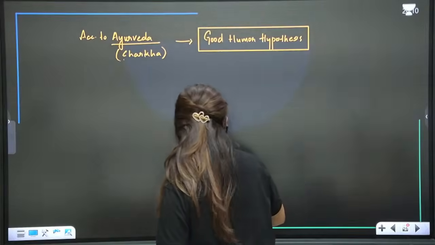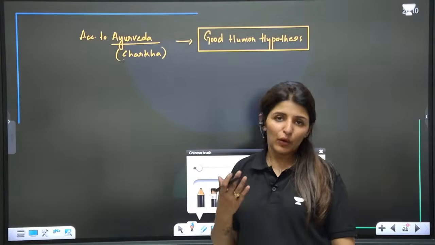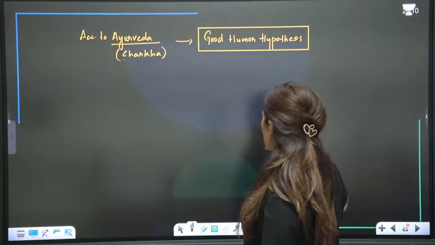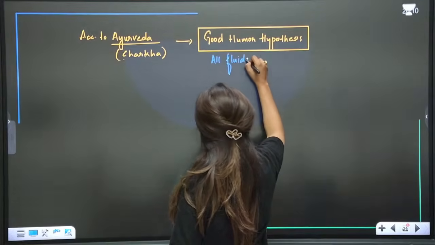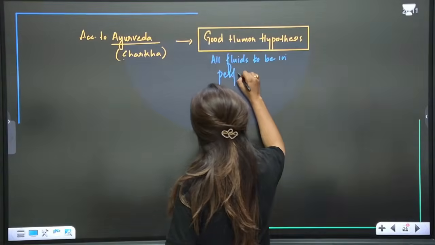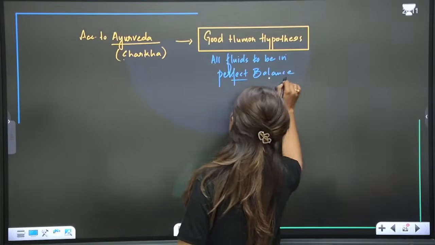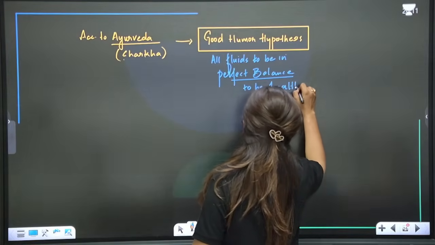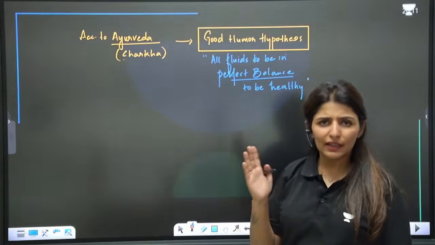First of all, humor means a fluid. So Ayurveda believed that our body is made of certain fluids, Vata, Pitta and Kapha, if you have heard of them. All fluids should be in perfect balance, and if they are in perfect balance, then we are healthy. Is that clear? If there is imbalance, one particular fluid is more than the other, then it leads to diseases.